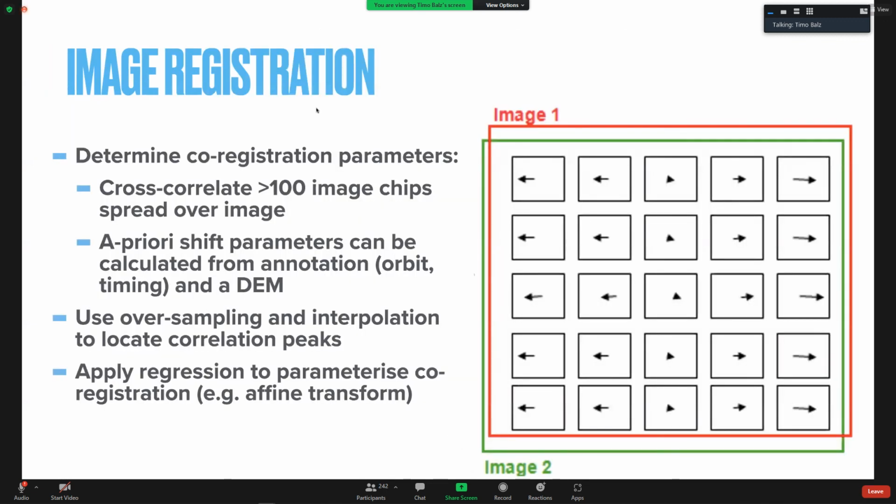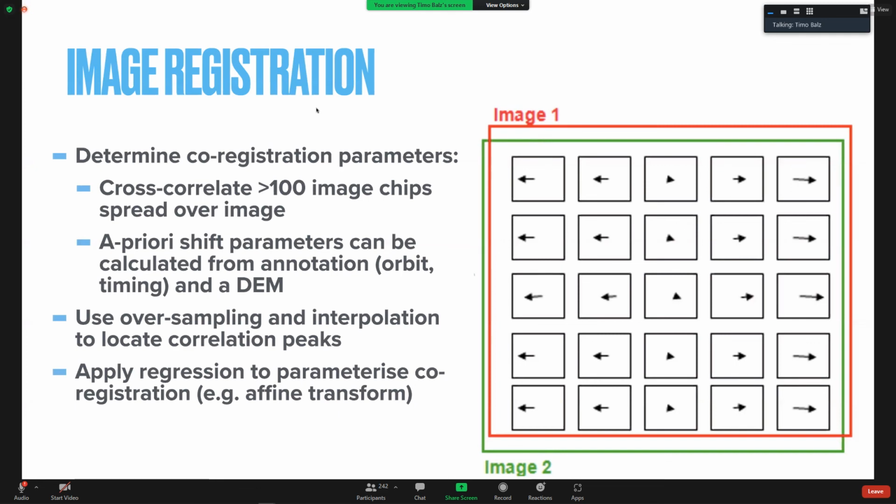The way we do that is, we determine the co-registration parameters. We look at a large number of image chips, small parts of the image that we spread over the image, more than 100 image chips. Really, we use 1,000 or 2,000, 3,000 image chips, something like that nowadays, because now the computers can handle it.